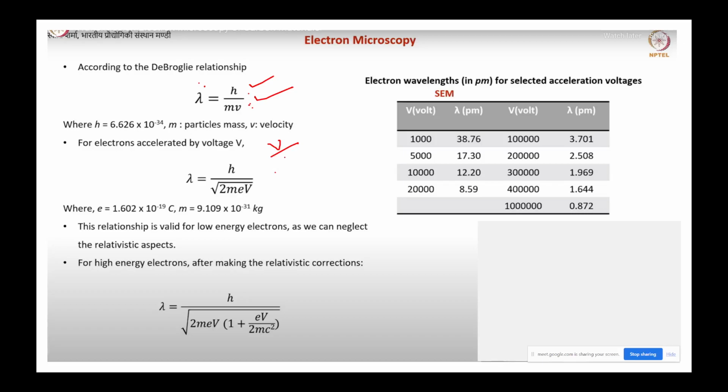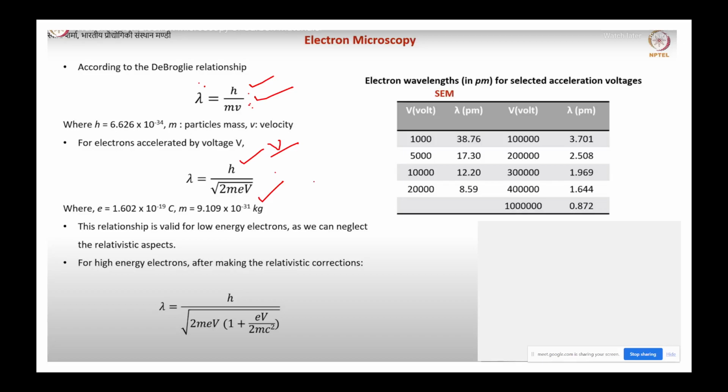Here V is your voltage, e is the charge of the electron, its value is 1.6 into 10 to the power minus 19 coulomb, m is the mass of the electron, around 9.1 into 10 to the power minus 31 kilogram, and h is again the Planck constant. This relationship is valid for low energy electrons, as we can neglect the relativistic aspects.